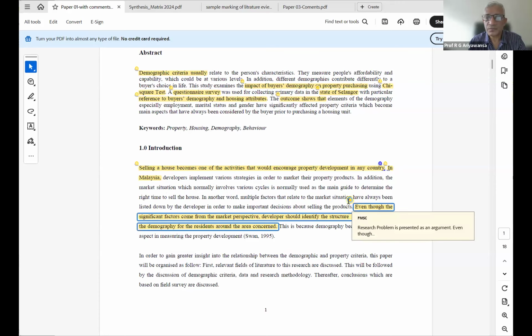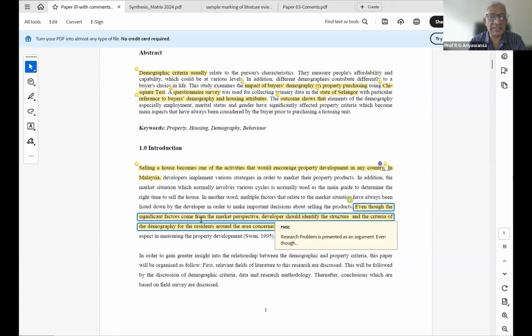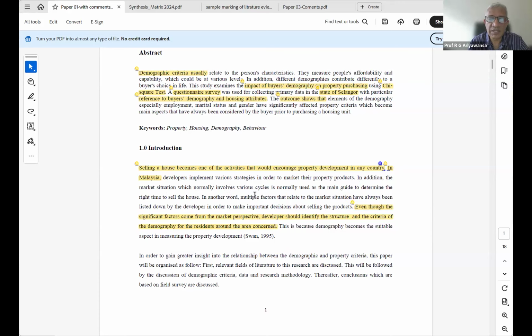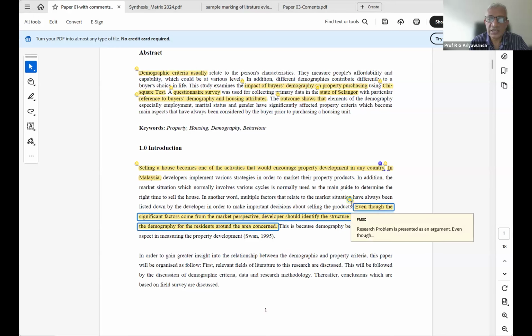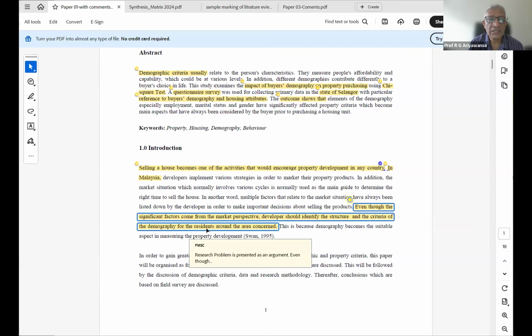Then, even though the significant factors come from the market perspective, developers should identify the structure and criteria of the demography for residents around the area.